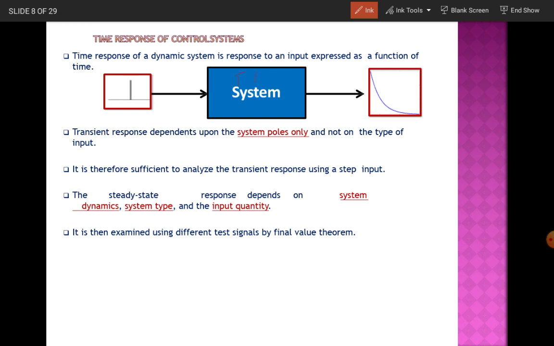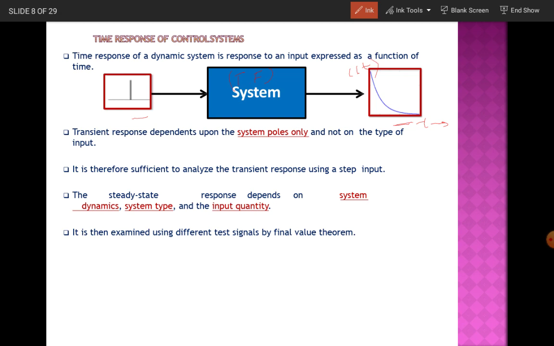The transfer function model is needed for finding the response of any system. Then we need to define the input, what type of input we have to give. Once we know the transfer function and the type of input, whether it is a step, ramp, parabolic, or impulse, then we can find out the time response, how the output varies with respect to time.